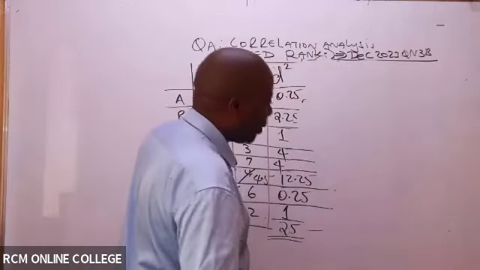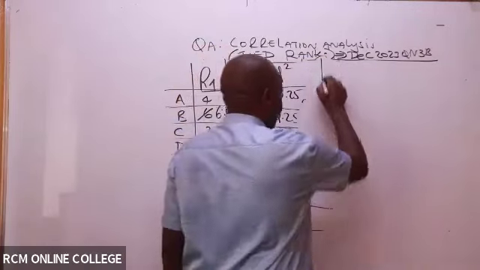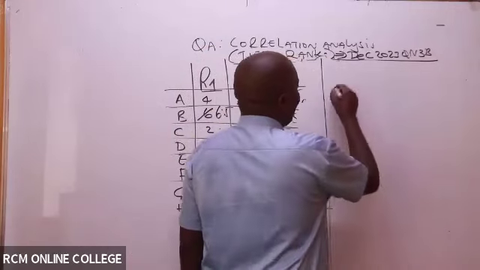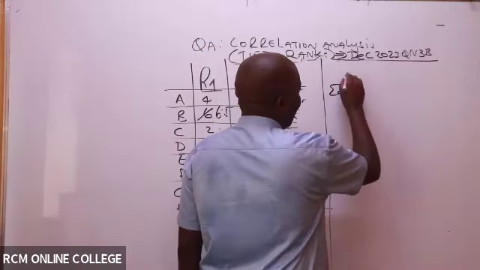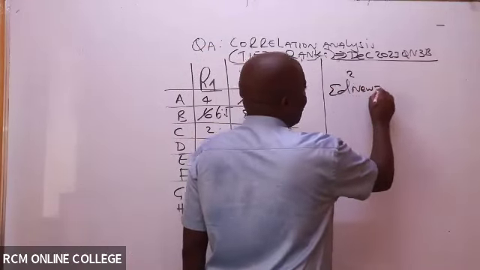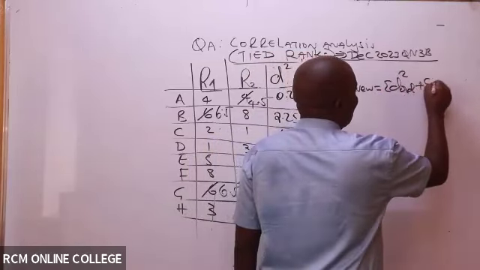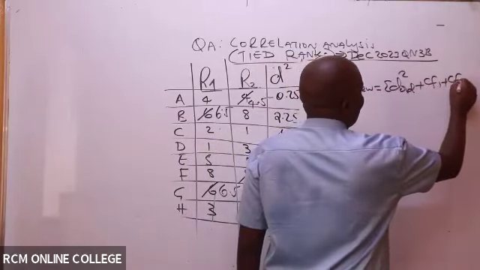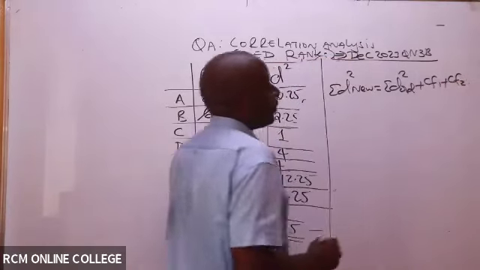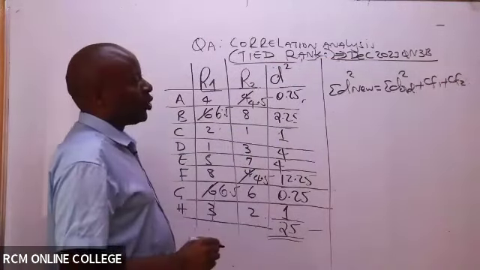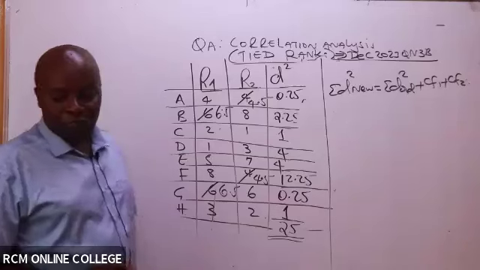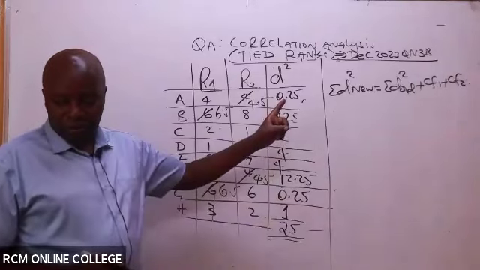You need to calculate what we call the correctional factors. So you need to give us the summation of d squared new: the summation of d squared old plus correctional factor 1 plus correctional factor 2.